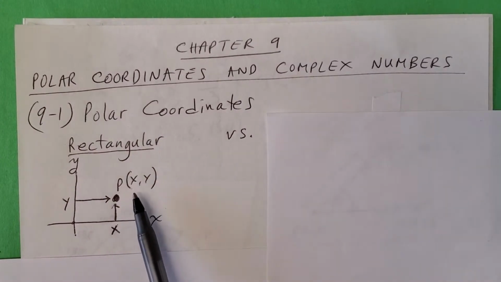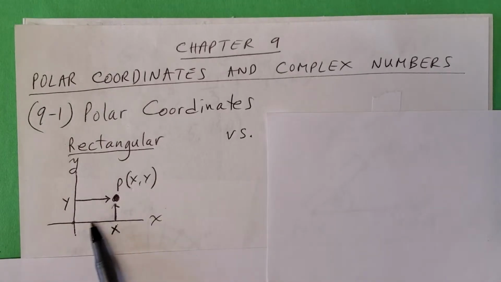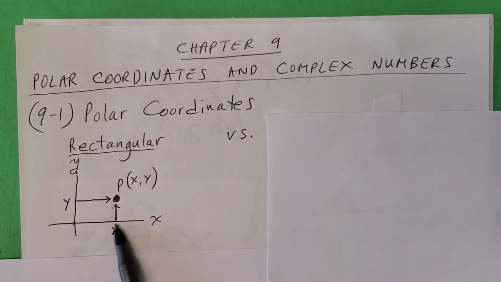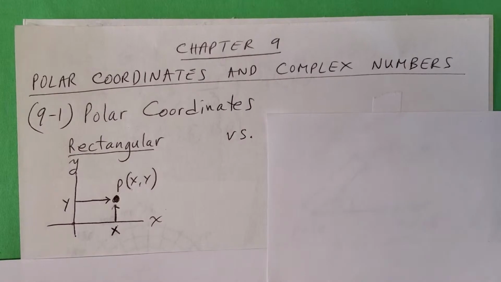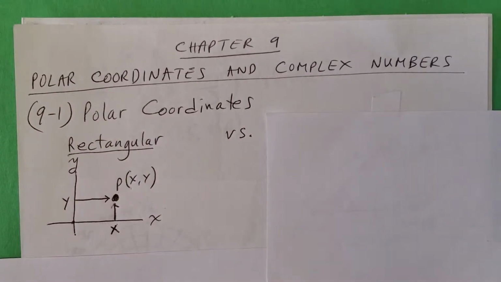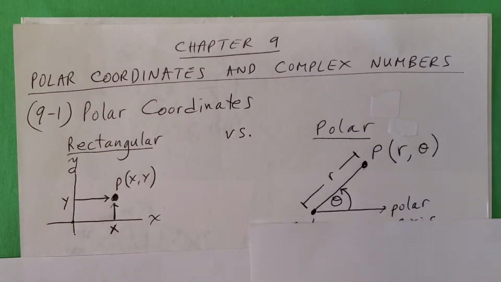So when we give you an x, y, you go x across, straight across, and then y up, straight up, vertically, horizontally, right? But in polar coordinates, we deal with angles.